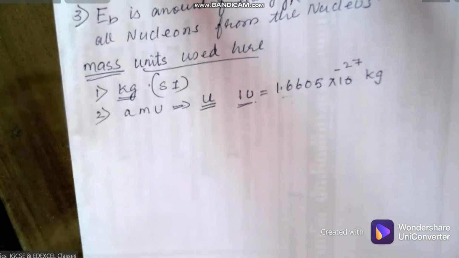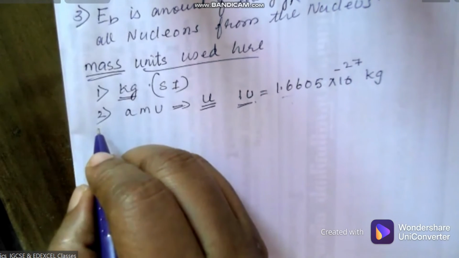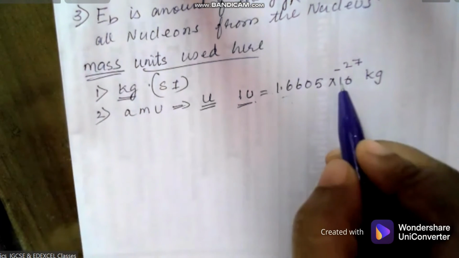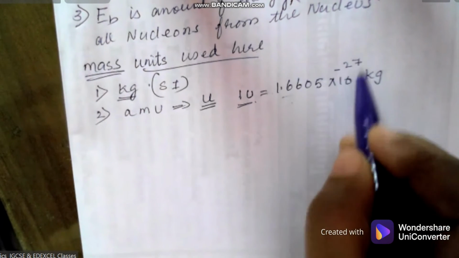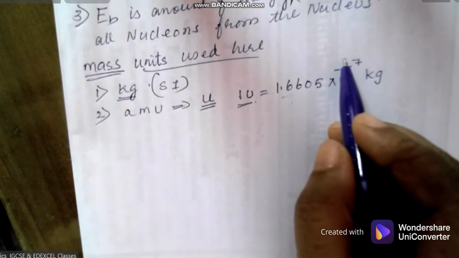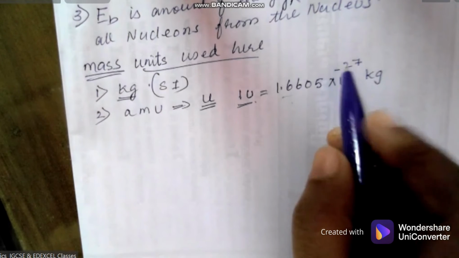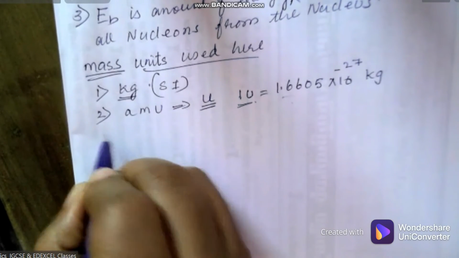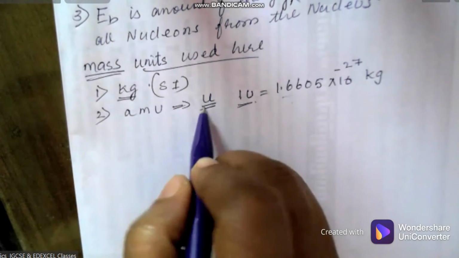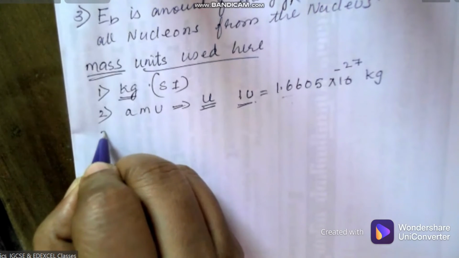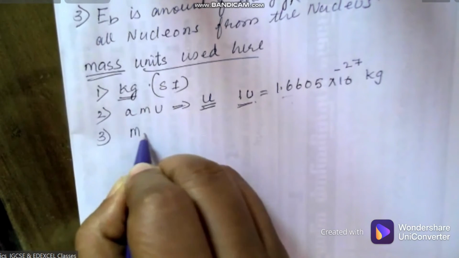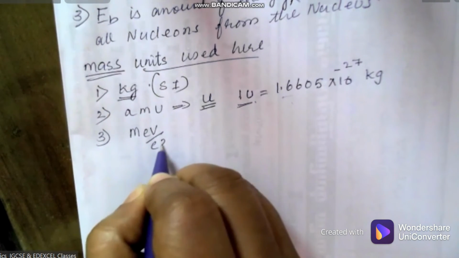Since kilogram has too many 10 to the power negatives, it is not a very convenient unit for scientists to use. So they either put it in u, or the third one is MeV per c square.